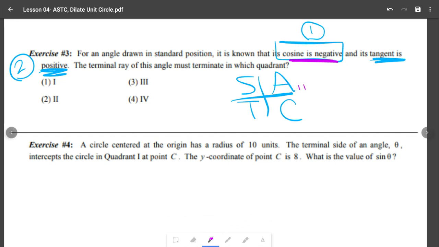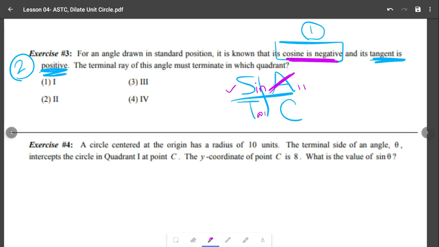All of them are positive there. So if cosine is negative, I know I'm not in the 1st quadrant. S stands for sine. Only sine is positive in the 2nd quadrant. So that means cosine being negative, that would work there. I could possibly be in the 2nd quadrant if cosine is negative.